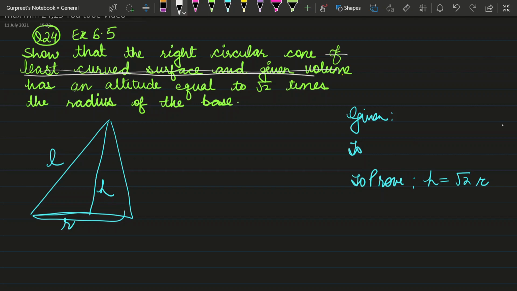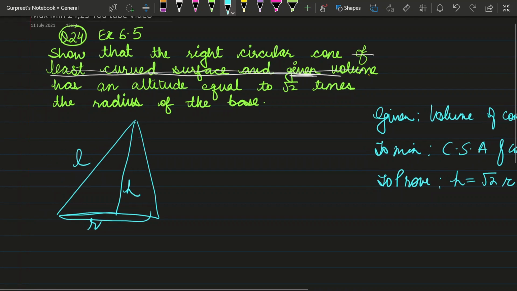Least means it is minimum, so you have to minimize the curved surface area of the cone. And what is given? Look at this word given. The volume is given. So given is the volume of the cone. If you're able to find these three things, half of the question is done, right?